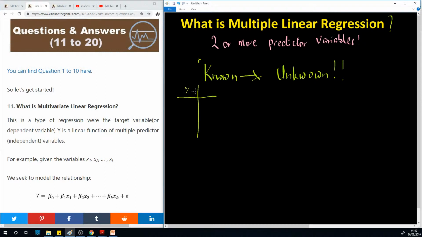We know about linear regression where we have x, y, and we have values in this place, x1 to xp. So we have y1, y2, y3, y4, all the way to yp. In this case, we are trying to find the relationship between x and y, and we assume a linear relationship.